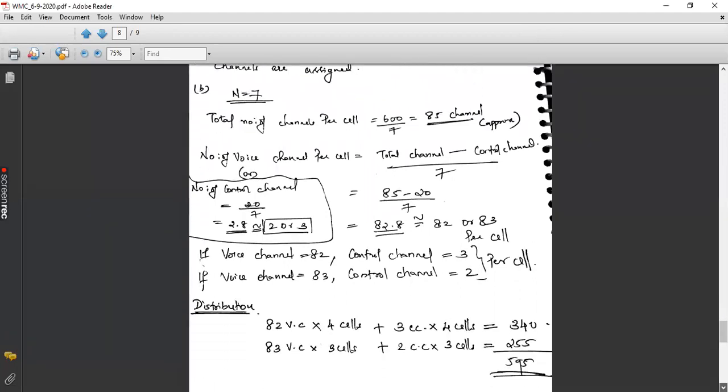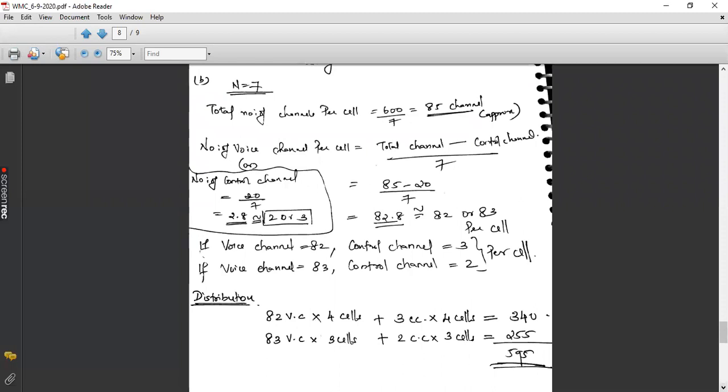For distribution, see, I have taken it like this. How many cells do we have? We have 7 cells, isn't it? If you take 82 voice channels, then there will be 3 control channels.